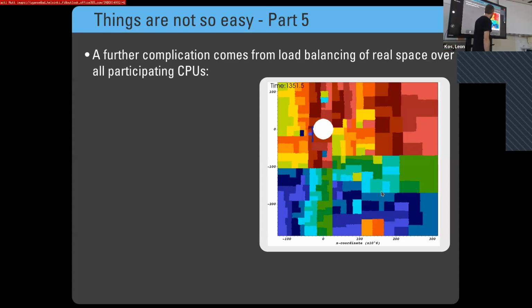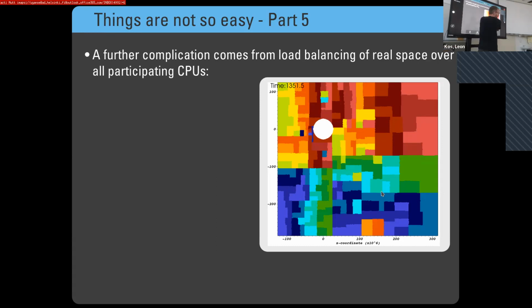And here you can see that the algorithm that's used here is called recursive coordinate bisection, RCB. So we take the whole space, calculate for every cell the load balance weight, and split it along one coordinate axis so that half of the weight is here and half of the weight is there. Then each of these is again split so that half of the weight is here, half of the weight is there, and that half as well.